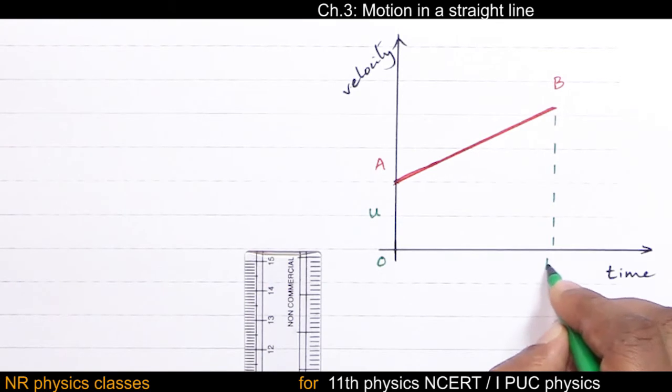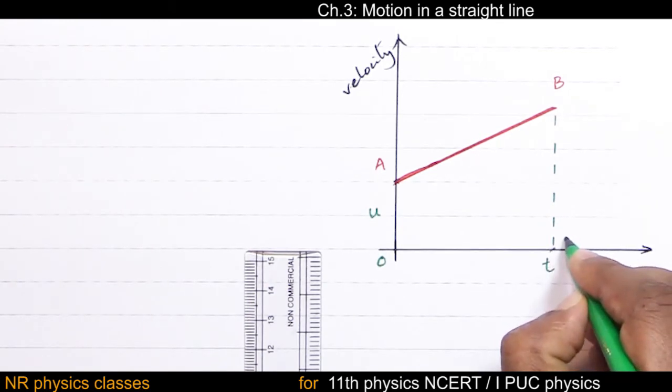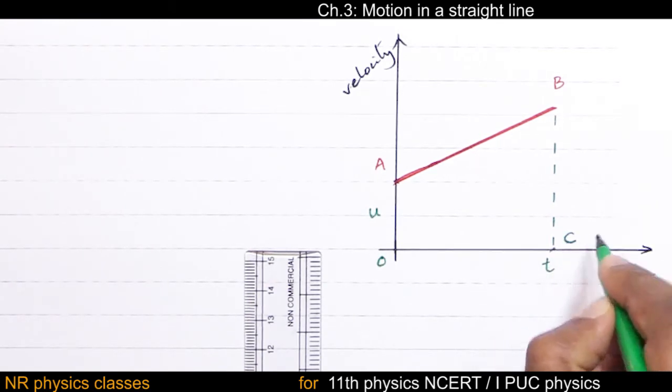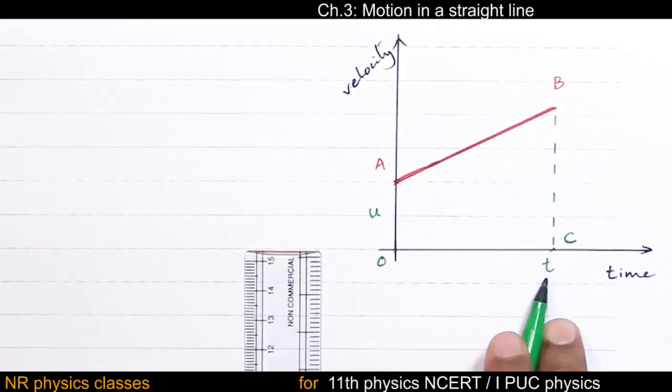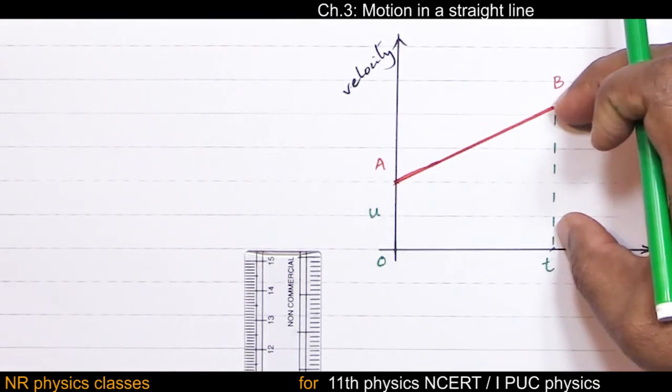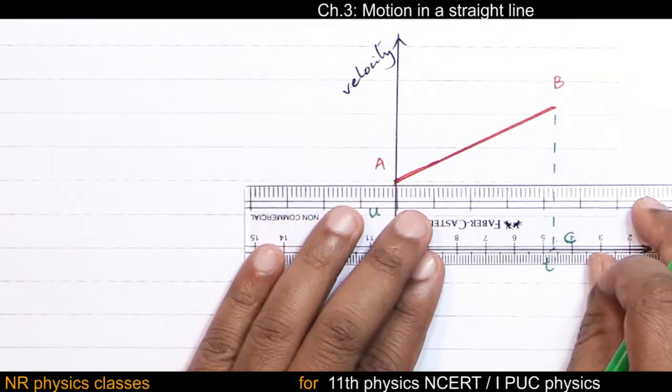Time t. Let this point be C. So OC represents t, and velocity at t is this, which is final velocity. This is the reference line.